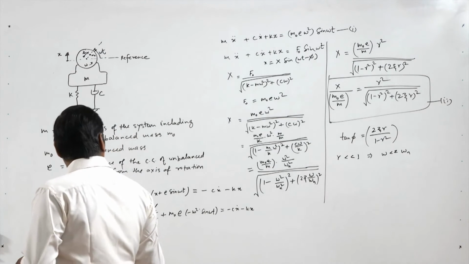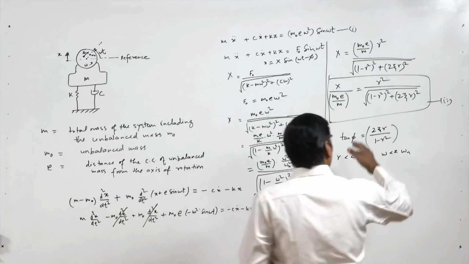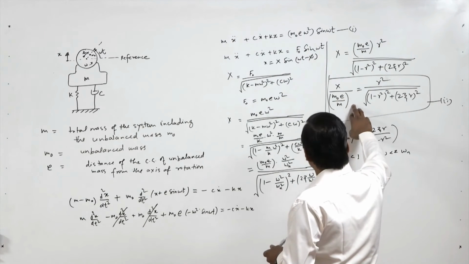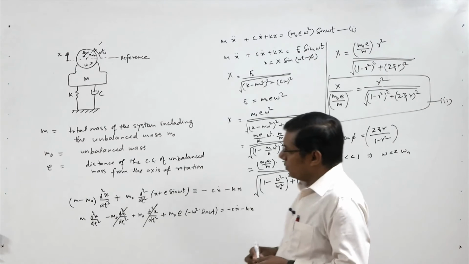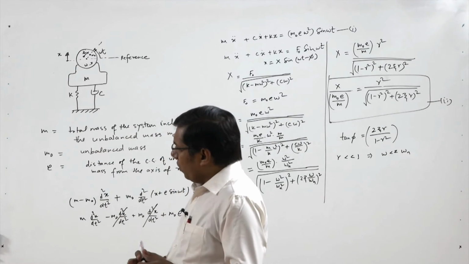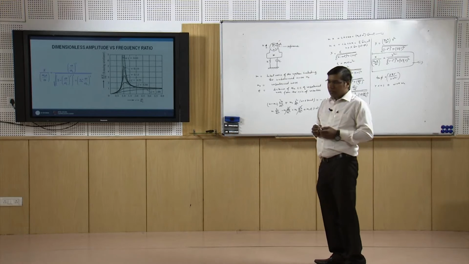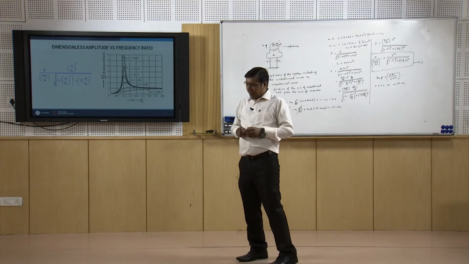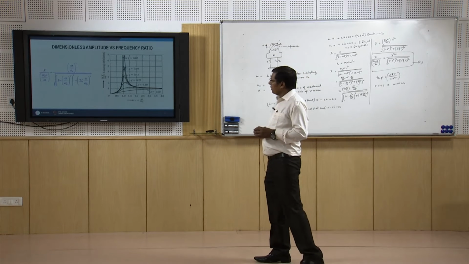So when r is very less, it starts from 0. When omega is 0, this is 0, because omega by omega n, omega is 0. So this response curve starts from 0, and as soon as we approach r equal to 1, that is the resonance condition, when omega is equal to omega n, the amplitude is increasing.